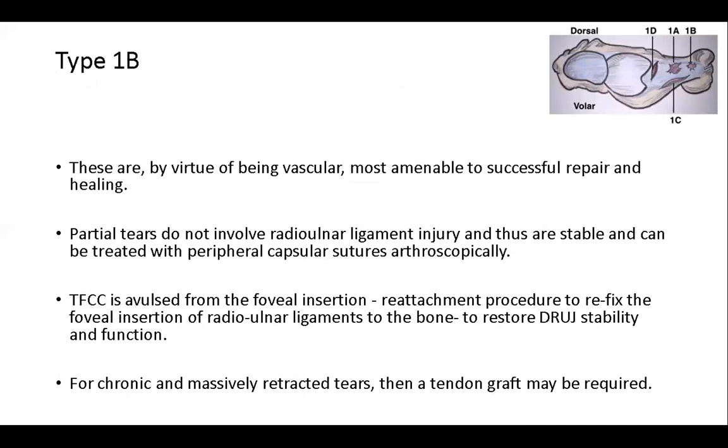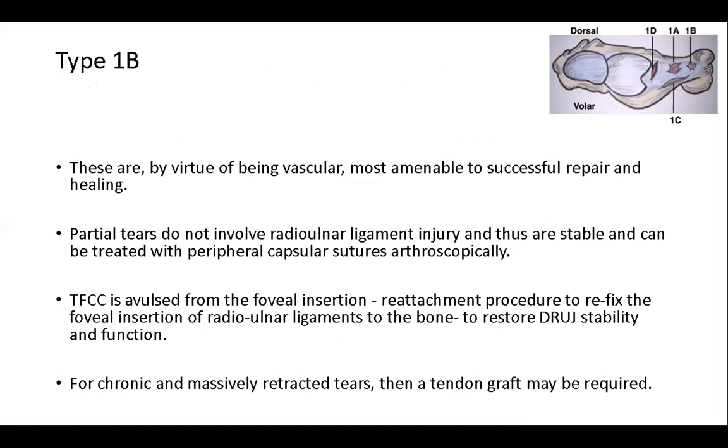So type 1B, this is the treatment of type 1B. This is the type where a lot of studies have been conducted towards refinement of the treatment, because these, being very vascular, are amenable to successful repair and healing.